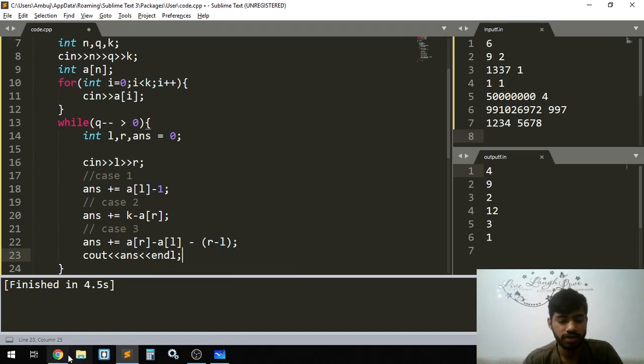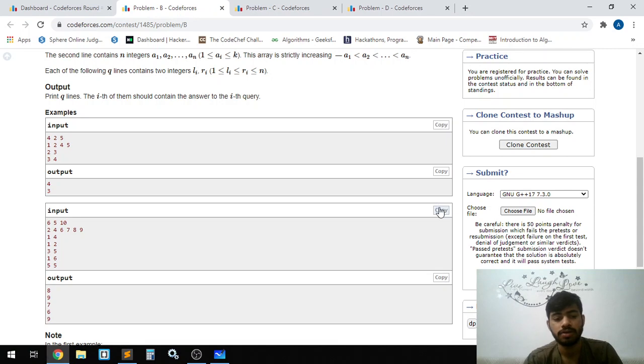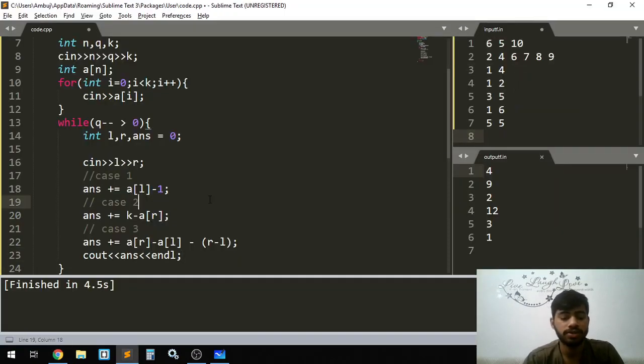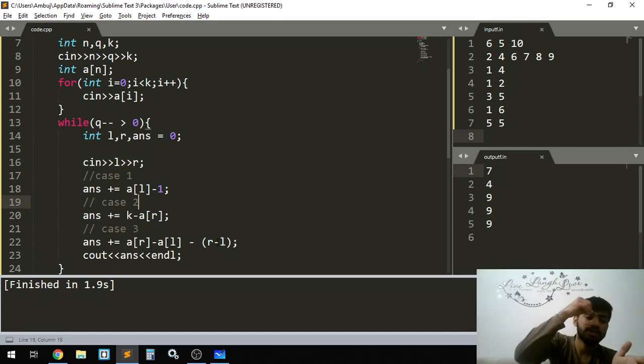Let's check the test cases. This one, 8 9 7 6 9. Control V, compile the code. 7 4 9 9 9. Again some error. So a of R minus L. It's just opposite. These are the number of elements given in my array, and these are the ones present if my array is a continuous array 1 2 3 4 5.